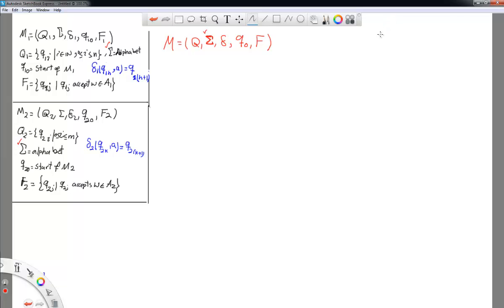So if you look at M sub 1, let's say that M sub 1 is an automaton, basically just like what we have seen so far, that it has a start state, okay, and we know that this start state is Q sub 1 0, and then there is a transition mechanism for this that goes between a bunch of states, and then it reaches an accept state or a set of accept states, right?